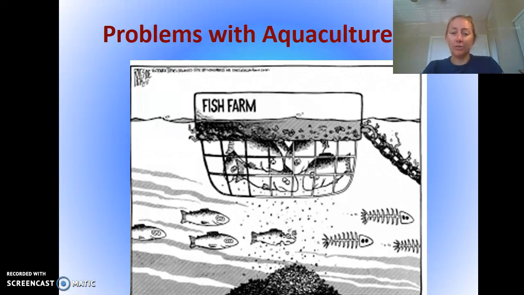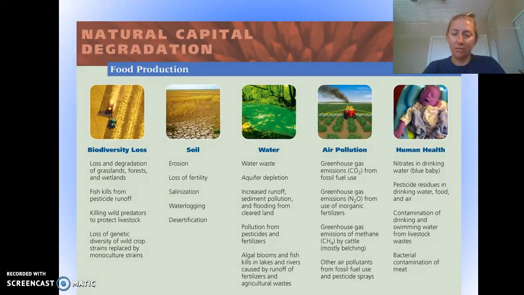And so the wild fish happen to swim by the farmed fish and they can get diseases passed on to them. Juvenile salmon, wild salmon, for example, are known to get sea lice passed on to them from the farmed fish. And so this is another problem with aquaculture operations, that we could be inadvertently harming wild fish populations.